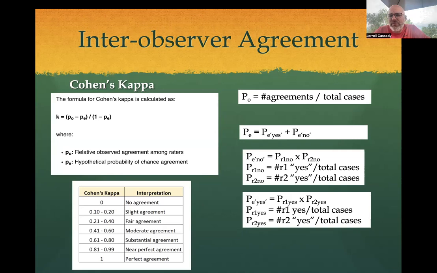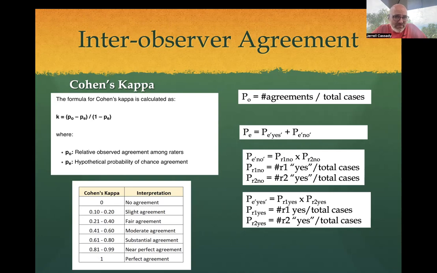So if I have a simple scoring process of aggression or not aggression, and we're watching a video, or watching a child in the field, and I see a behavior and I code aggression, I turn to them and they also coded aggression, that's an agreement. You add up every behavior that we score: the number of times I said yes and you said yes, and the number of times I said no and you said no. Divide that by the total number of observations that were made. That's our percent agreement, or P sub O.